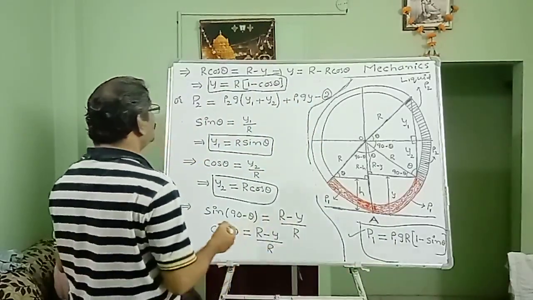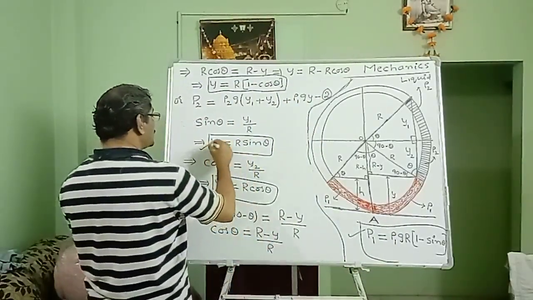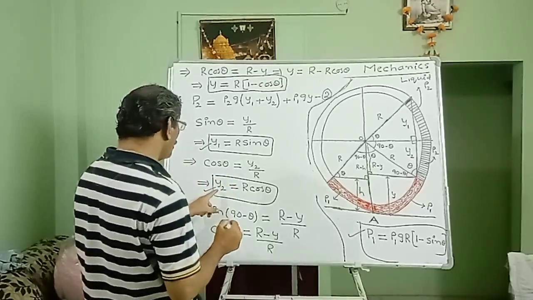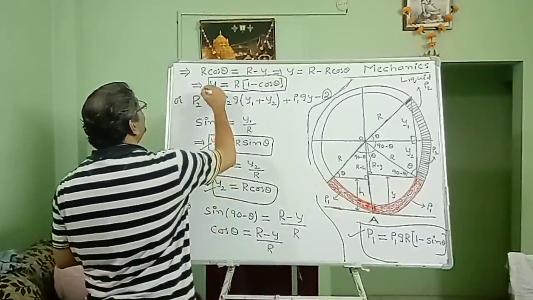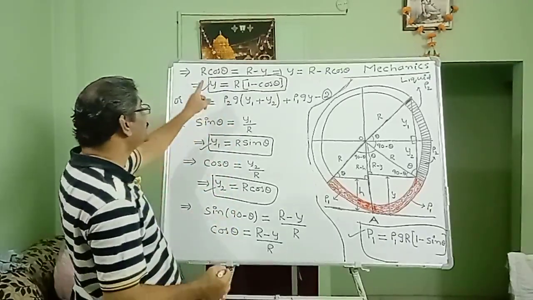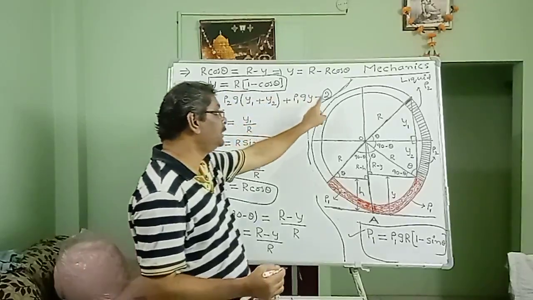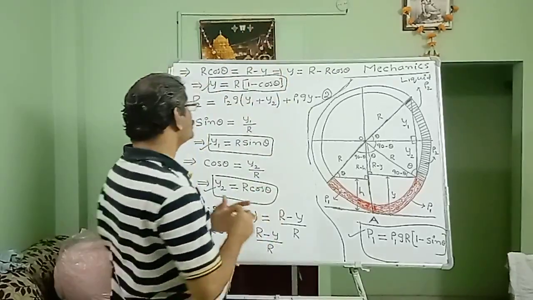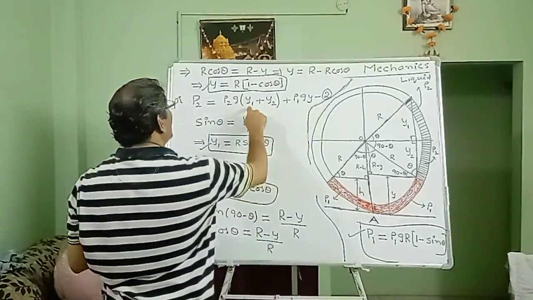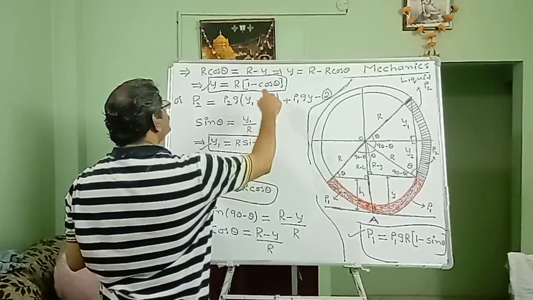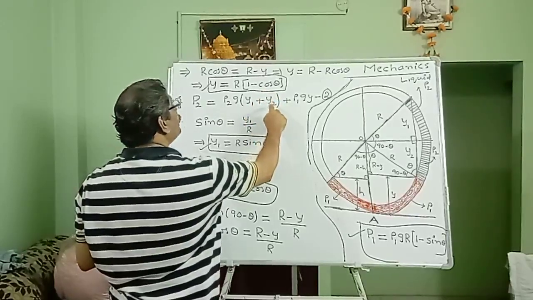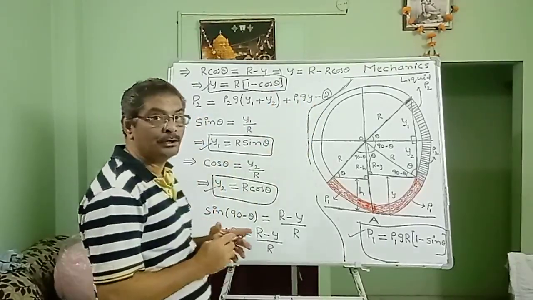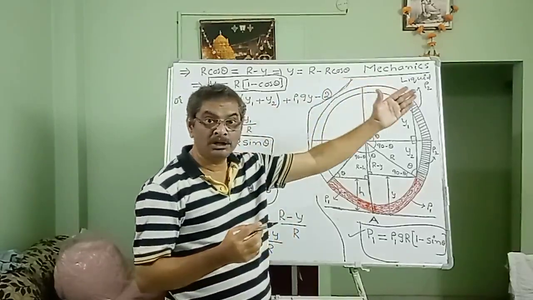So now we'll substitute the value of y1, substitute the value of y2, and substitute the value of y in equation 2. So remember what we are doing: substituting the value of y1, the value of y2, and the value of y in equation 2.